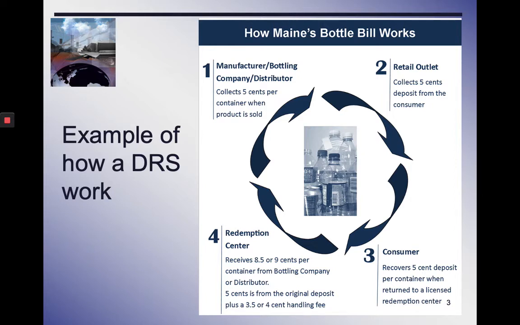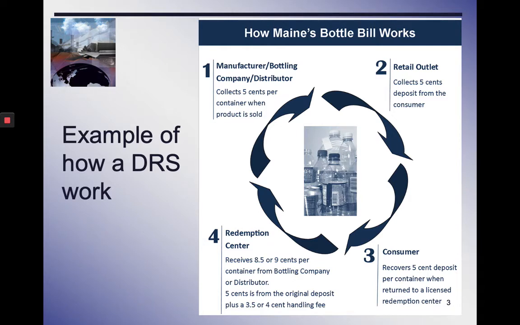First, the manufacturer or the bottling company or the distributor of a beverage. It could be a kind of juice, or a gas drink, whatever. So the manufacturer for this drinking water bottle collects 5 cents per container when the product is sold. Who buys the manufacturer's water and the bottle?